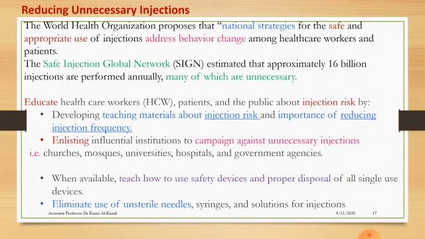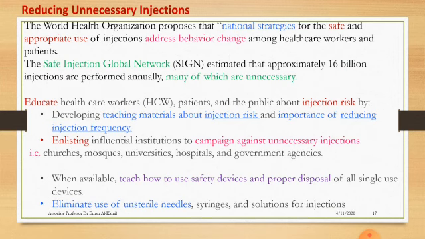It has been estimated by the Safe Injection Global Network, or SIGN, that approximately 16 billion injections are performed annually, many of which are unnecessary. Many of these injections are regarded as unnecessary for the people.